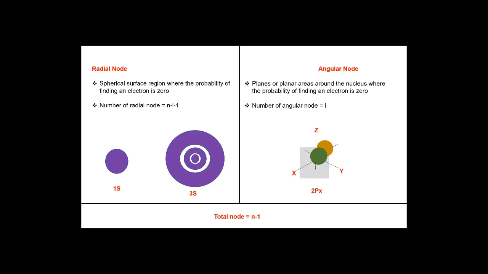A radial node is nothing but the spherical surface region where the probability of finding an electron is 0. And the number of radial nodes can be calculated as n minus L minus 1, where n is the principal quantum number and L is the azimuthal quantum number.